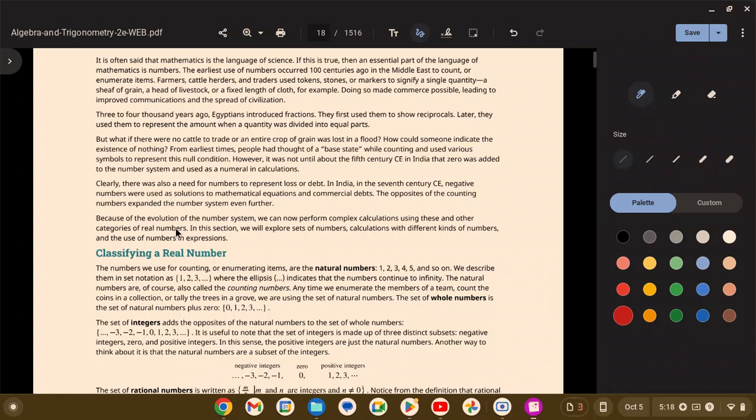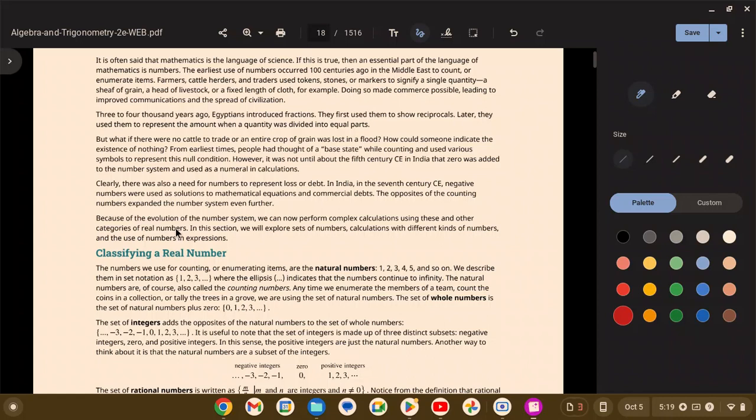But what if there were no cattle to trade or an entire crop of grain was lost in a flood? How would someone indicate the existence of nothing? From earliest times, people had thought of a base state while counting and used various symbols to represent this null condition. However, it was not until about the 5th century CE in India that zero was added to the number system and used as a numeral in calculations. Clearly, there was also need for numbers to represent loss or debt in India in the 7th century CE.